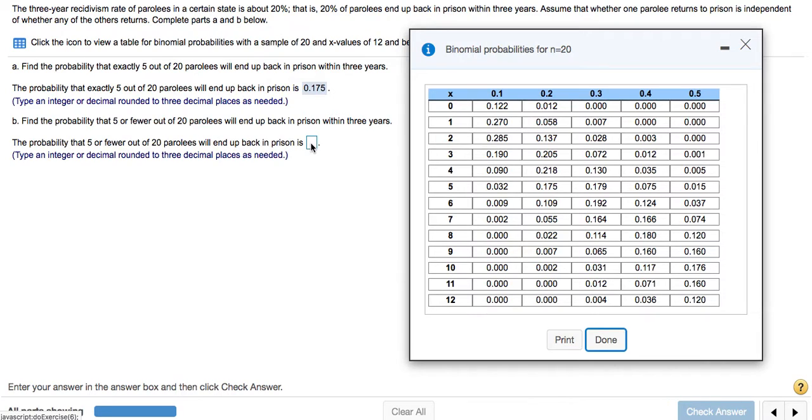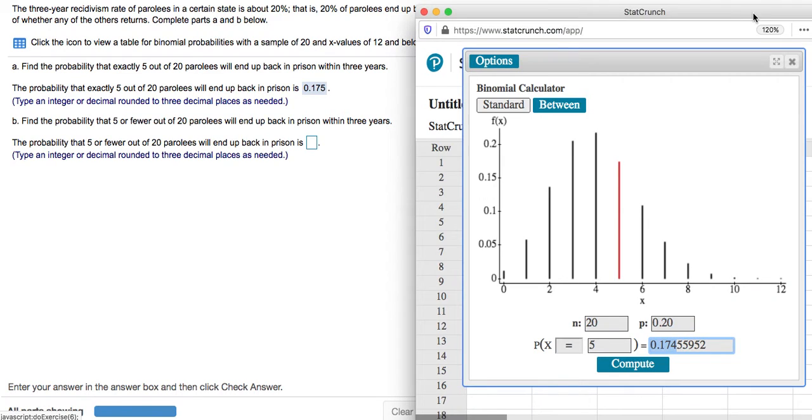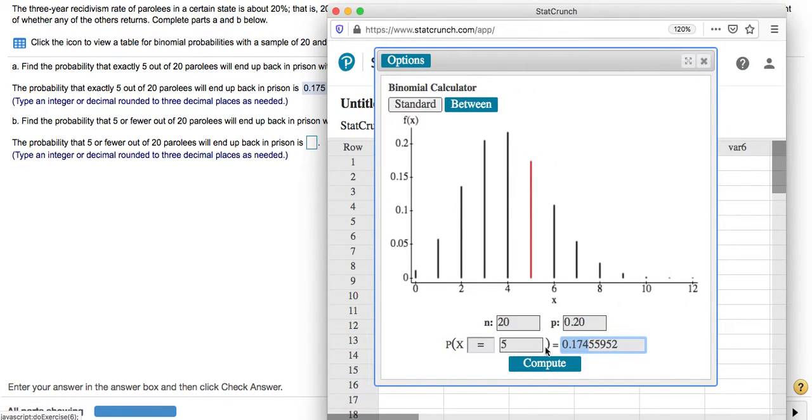The reason StatCrunch is probably better to use than this table, so let me bring back in StatCrunch, is because it'll do that addition for you. So 5 or fewer means you're including 5, but also everything that is less than 5 as well, going down to 0. It actually shows up here in this picture as well. So you're asking about the probability at 5, 4, 3, 2, 1, and 0 as well.